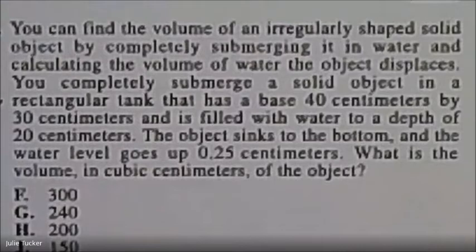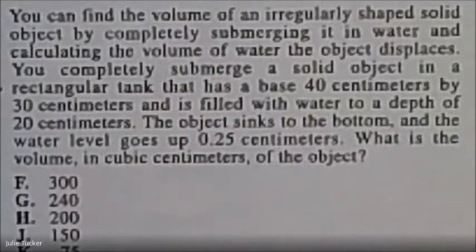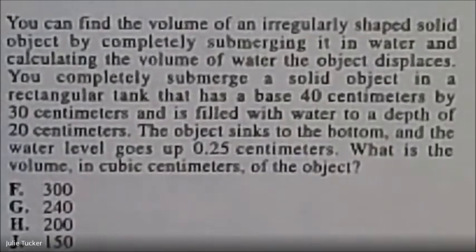Okay, you can find the volume of an irregularly shaped solid object by completely submerging it in water and calculating the volume of the water the object displaces. We call this displacement. You did this in science, didn't you? They talk about this in science every year, in physical science.